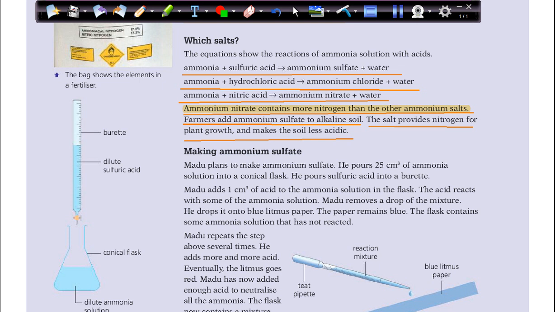Making ammonium sulfate. So how can they make ammonium sulfate in the lab? Madhu plans to make ammonium sulfate. He pours 25 cubic centimeters of ammonia solution into a conical flask. Most of the reactions that we make are better done in a conical flask, because its shape is suitable and you can move it easily.